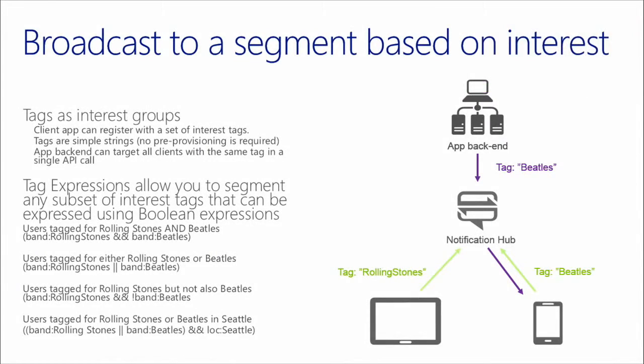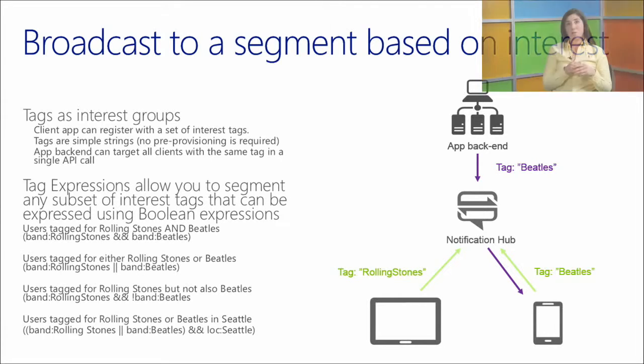For broadcasting to a segment based on interest, this is something Ilya and I spoke about, and he demoed really well. But we want to point out that tag expressions is a really powerful tool. It lets you send notifications to very segmented groups of users using any Boolean expression. So if you want to send to just Beatles fans or just Rolling Stones fans, you can.